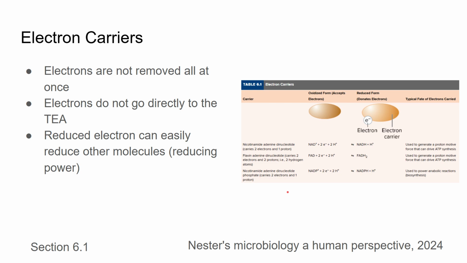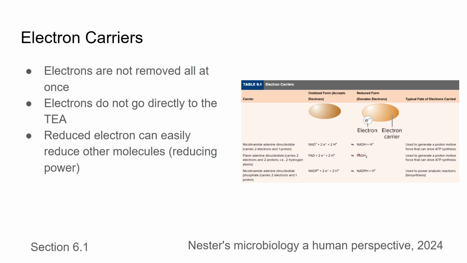We have a few different types, and they have longer names, but typically they'll be called NAD, FAD, or NADP in their oxidized forms when they don't have electrons. When they are reduced, they gain an electron, and they'll be called NADH, FADH2, or NADPH.